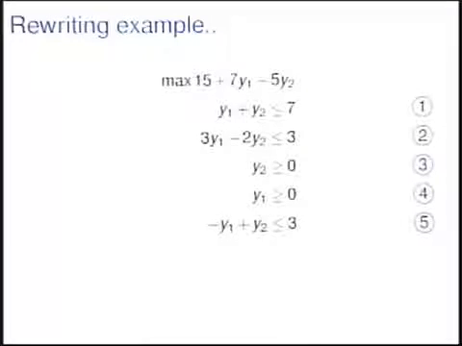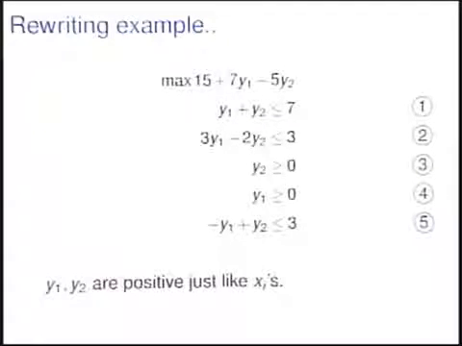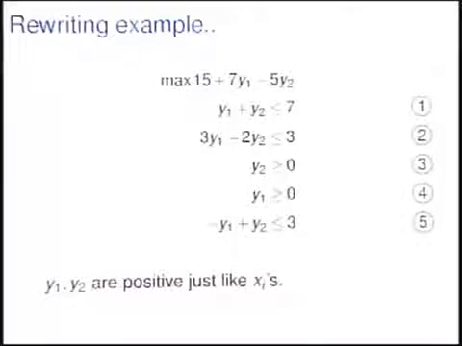We're making our vertex be at 0. So we'll get constraints of the form y1 through yn greater than or equal to 0, and those will be the tight ones. Now they're positive just like the x's.